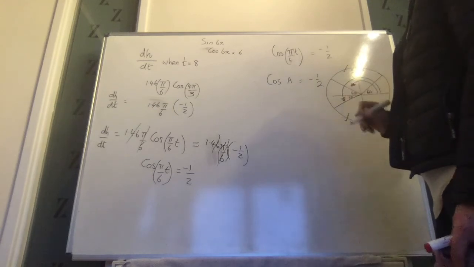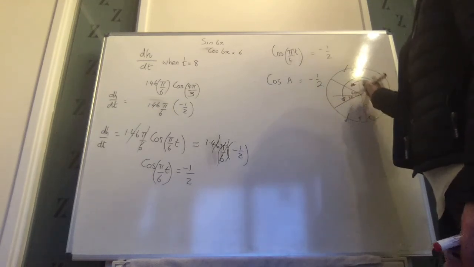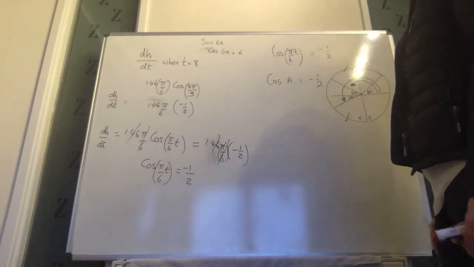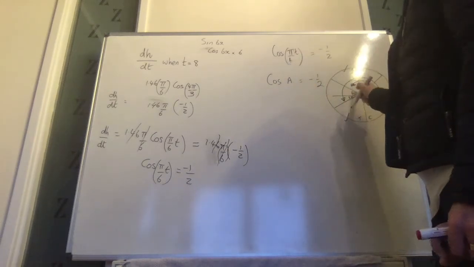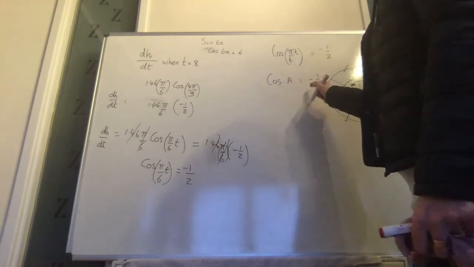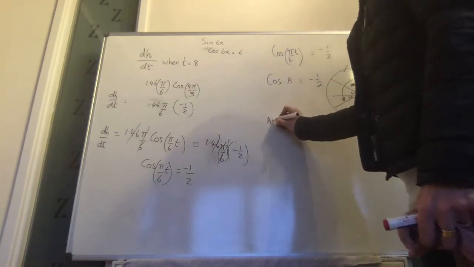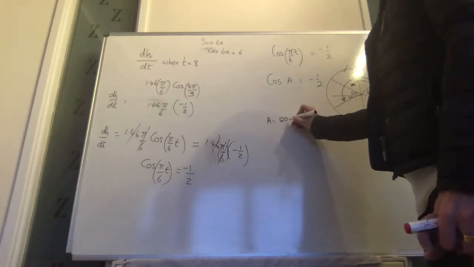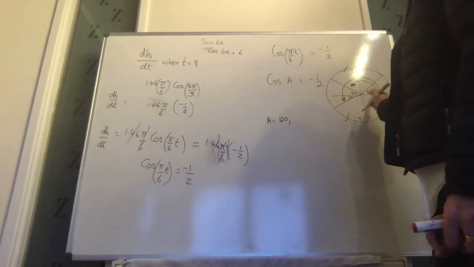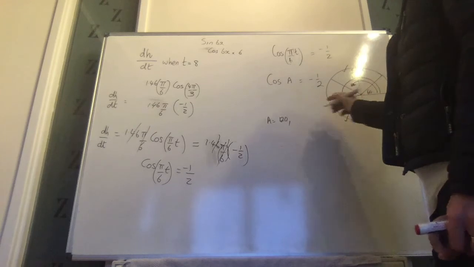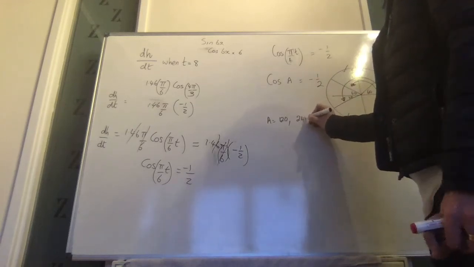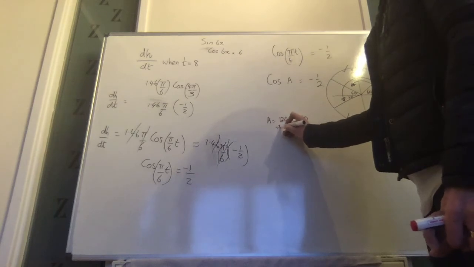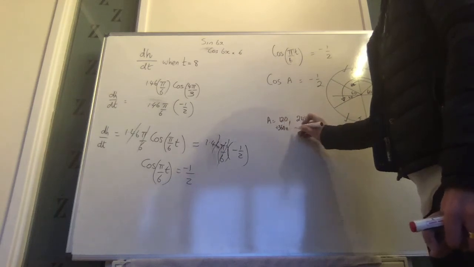This is the one we've already spoken about, the 240 that corresponds to that angle when t is 8. But what about this one? So we know that the cosine of A is minus a half when A is equal to 180 minus 60, which is 120, or when A is equal to 180 plus 60, which is 240, and all of those numbers plus 360n.